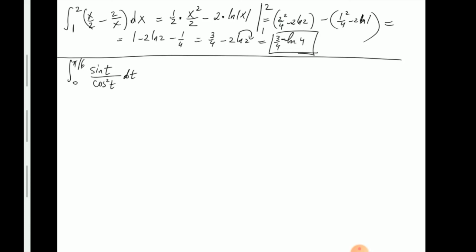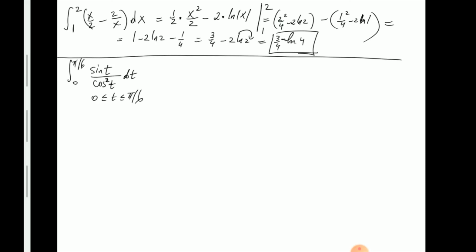I don't like you to work through the substitution and keep the original bounds, because if the substitution is made, if you go from one variable to another, it stands to reason that the bounds change. In this case, t is between 0 and pi over 6. If the variable changes, the bounds will change.